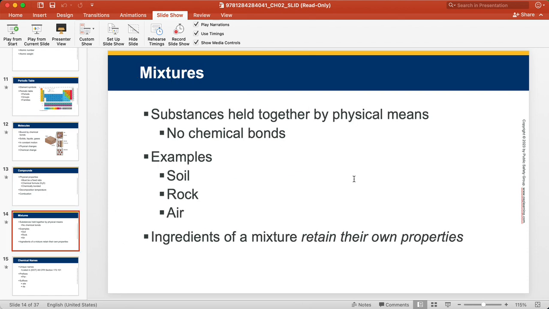So mixtures are different than compounds, and those are substances that are held together by physical means, not chemical bonds. So think of, for example, concrete, right? So concrete, we're going to take rock, sand, water, and then we're going to take cement powder, which is actually baked and pulverized limestone.